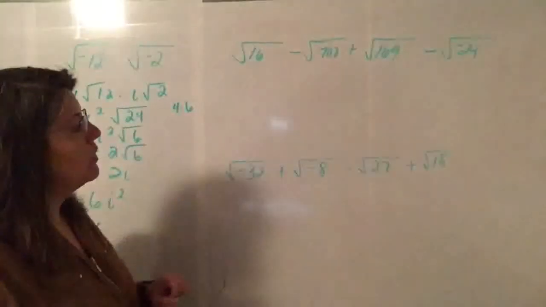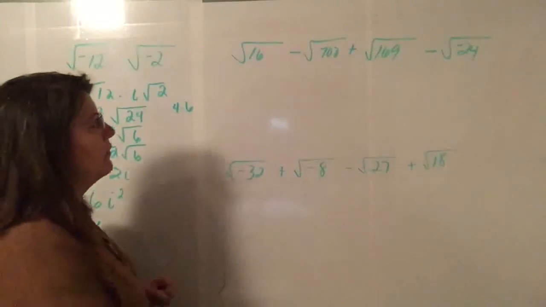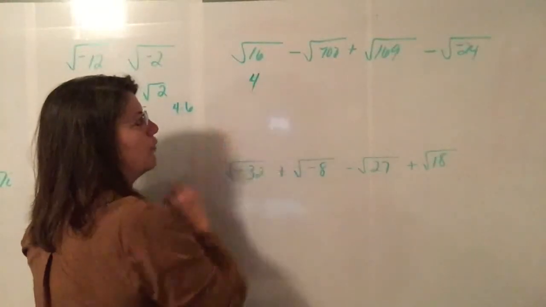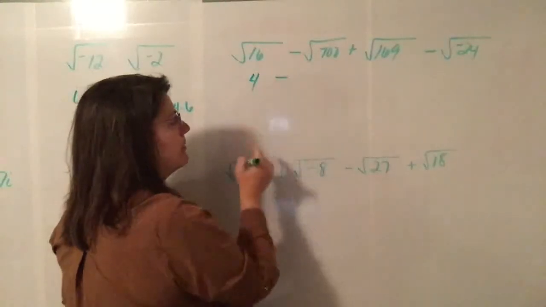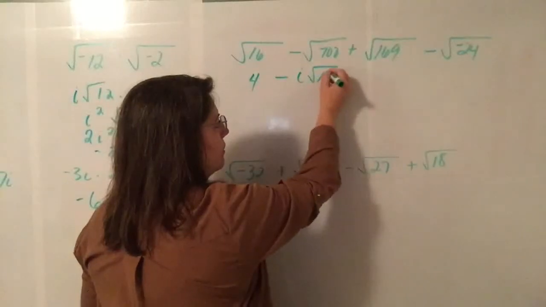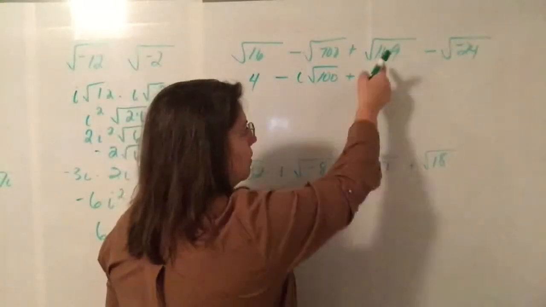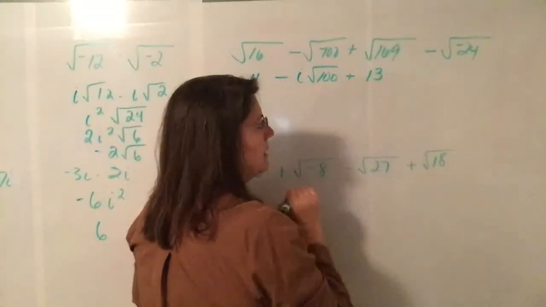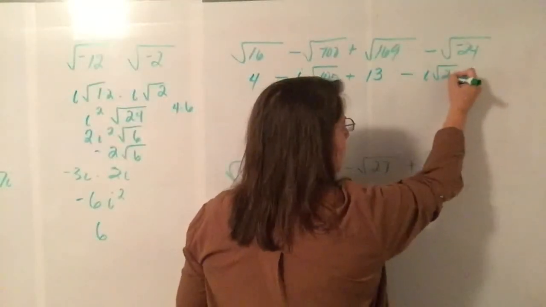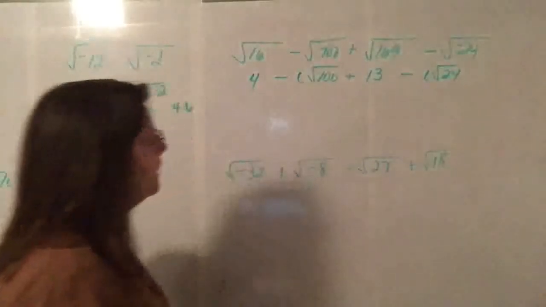With this one, I'm going to simplify everything that I can first. The square root of 16, there's no negative in there, so that's just 4. Minus, I have a negative here, so that's i times the square root of 100. Plus, the square root of 169 is 13. Minus, I have a negative, so I have an i square root of 24. Then I'm going to simplify.